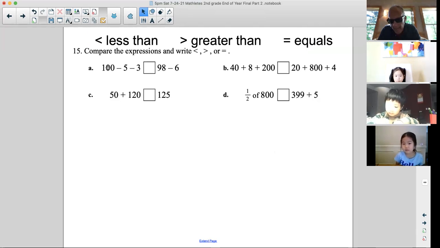So everybody take 100, subtract 5 and subtract 3. Take 98 and subtract 6. Which one is bigger? So don't say it out loud, but I want you to think about it.